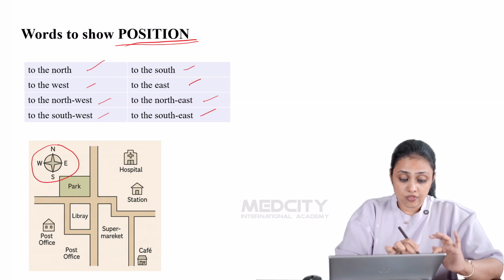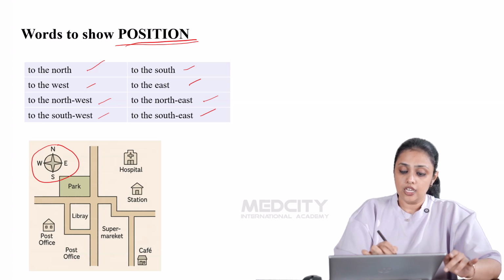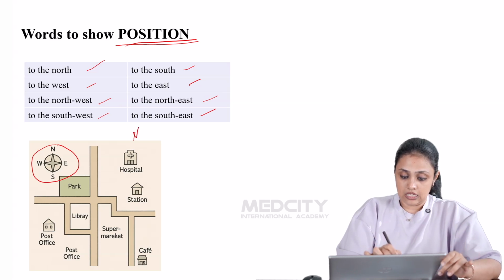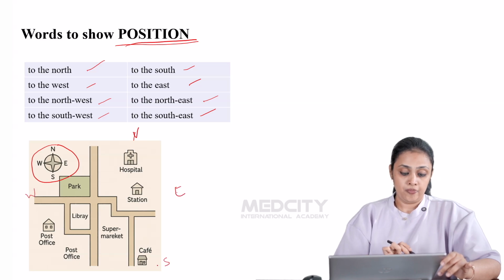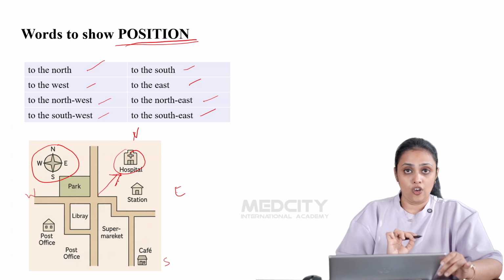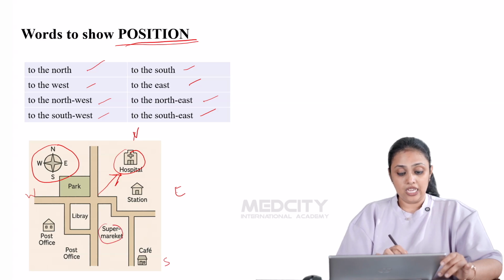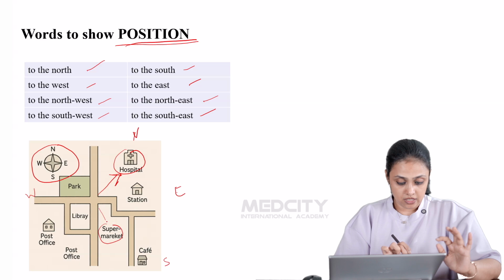Even if these cardinal points are not given, you can use these position words, assuming that this is north, this is west, east, and south. For instance, you can say the hospital is located in the northeastern region of the town. Or, for instance, the supermarket is located in the southeastern part.